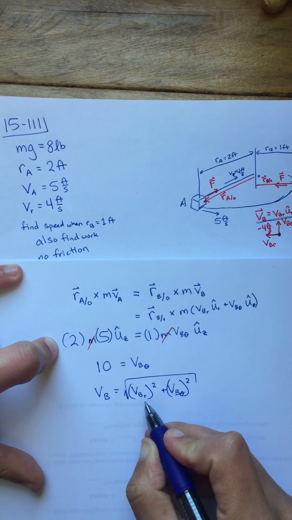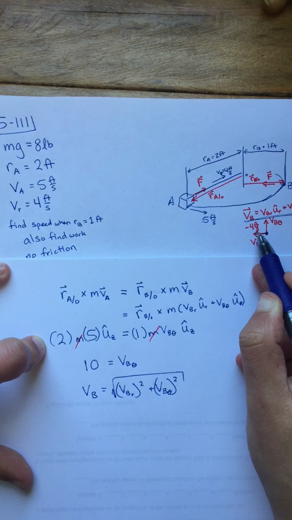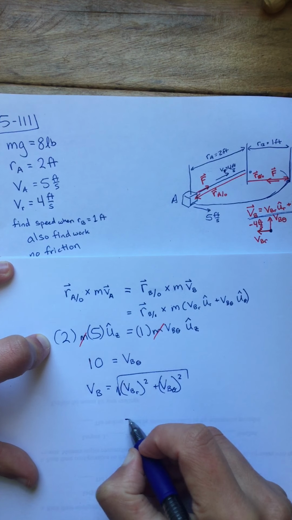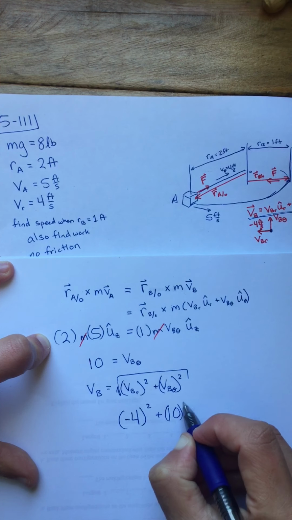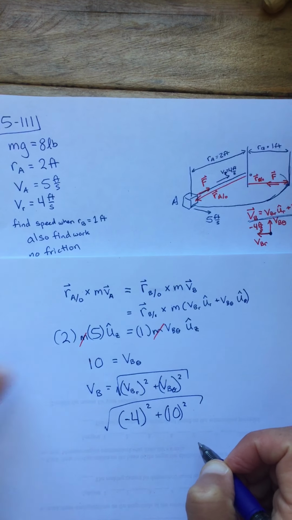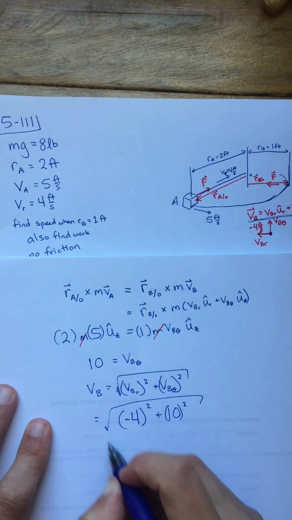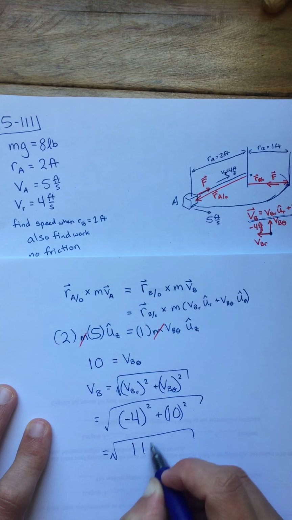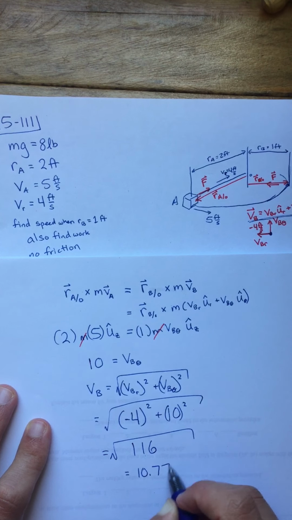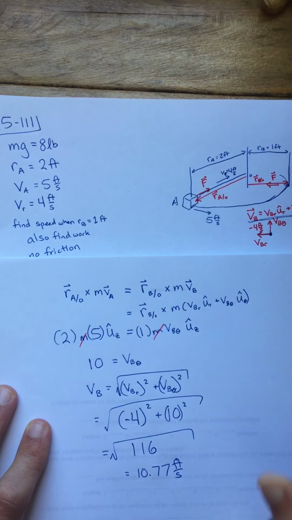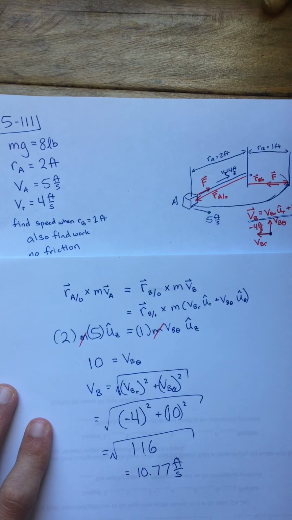Well, we're squaring the radial component, so it doesn't matter whether it's positive or negative, but it is pointing inward. So it's negative 4 squared plus 10 squared, and that gives me 116. Take the square root, that gives you 10.77 feet per second.